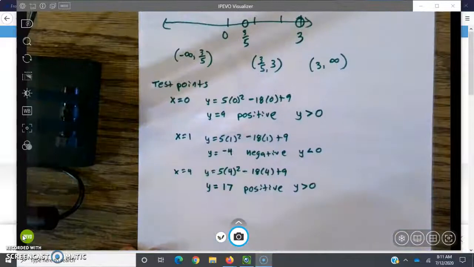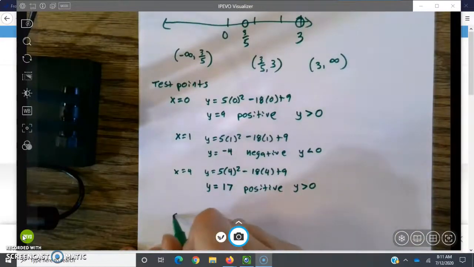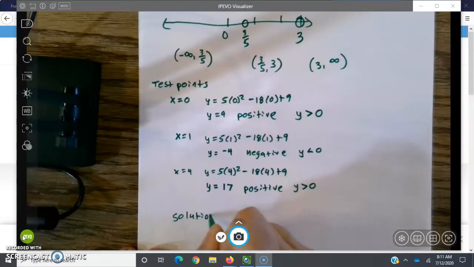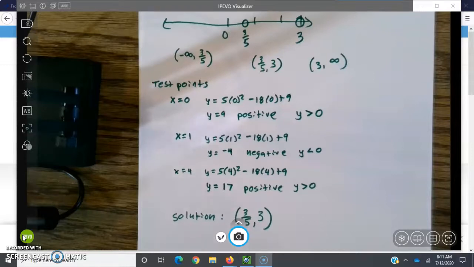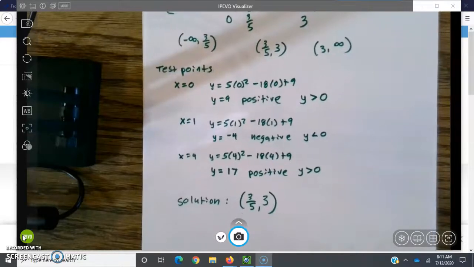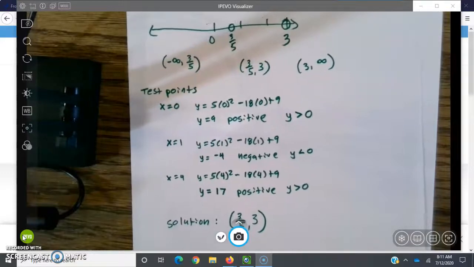So our solution is 3/5 to 3 with parentheses. So any value between 3/5 and 3 is going to make this whole inequality work.